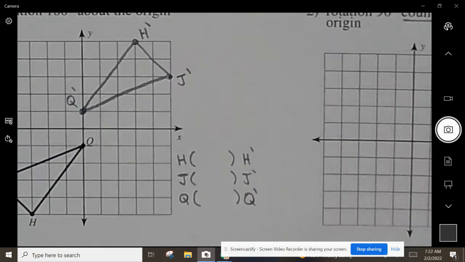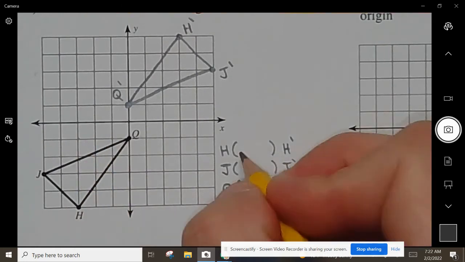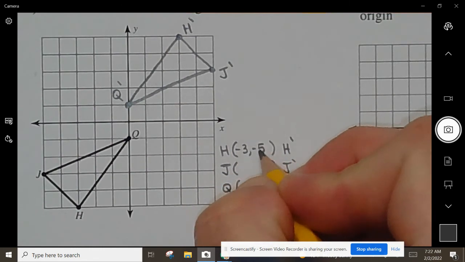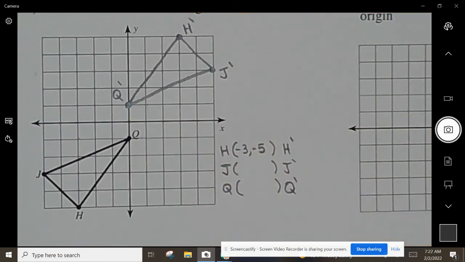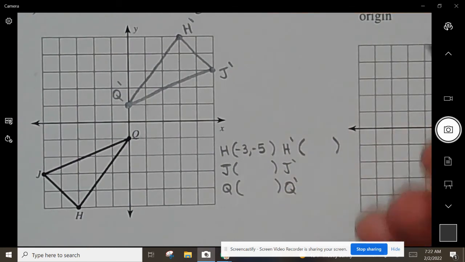All right, so you can see this, right? So where is H? H is here. -3, then down 1, down 2, down 3, down 4, down 5. -3, -5. Okay? Now, let's see where the new H is. Where is it?